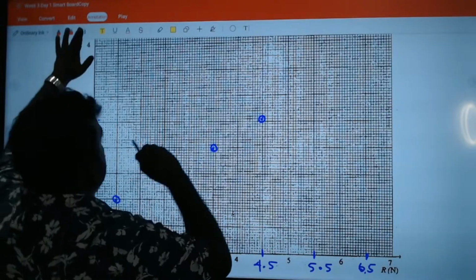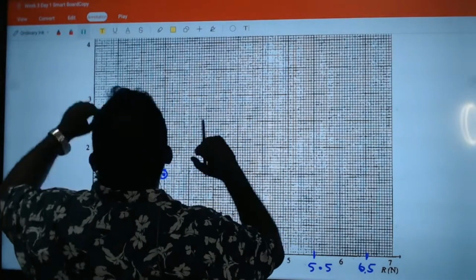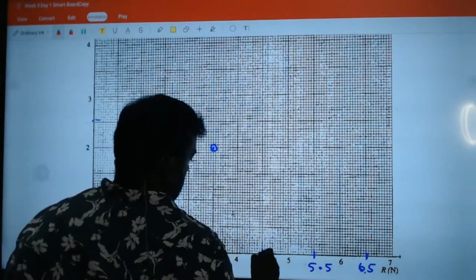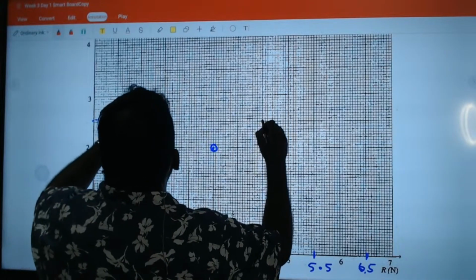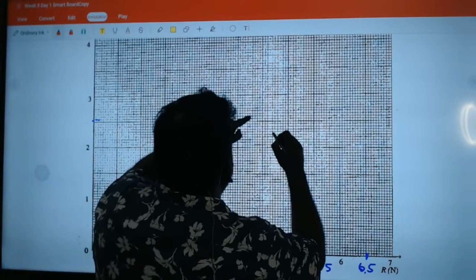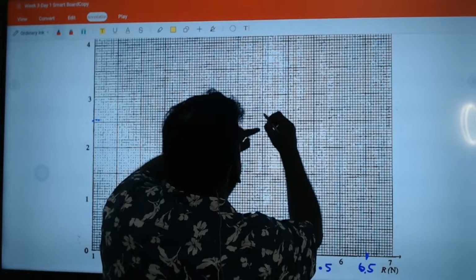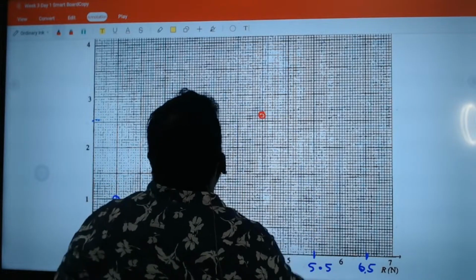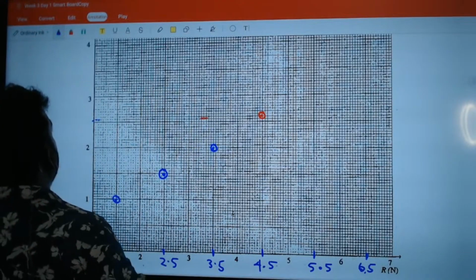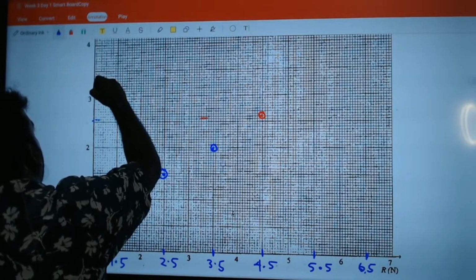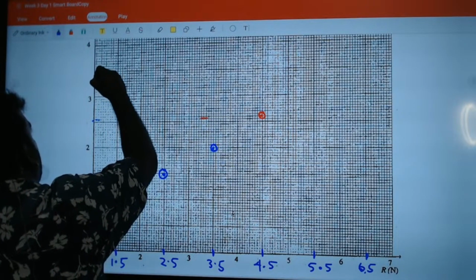This one I must correct, I think the top one. 2.6. Blue one is better. Right. 3.3. 3.1, 3.2, 3.3.